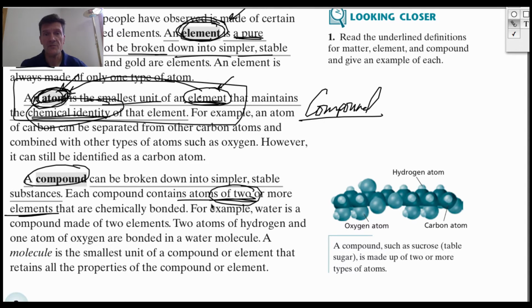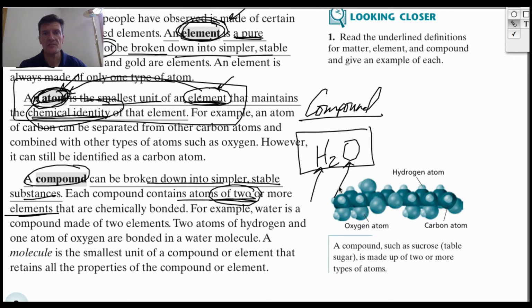Unlike an element, a compound can be broken down, separated into the elements that make it up. So I already mentioned water, but H2O is a compound. It's made up of the element hydrogen and the element oxygen.